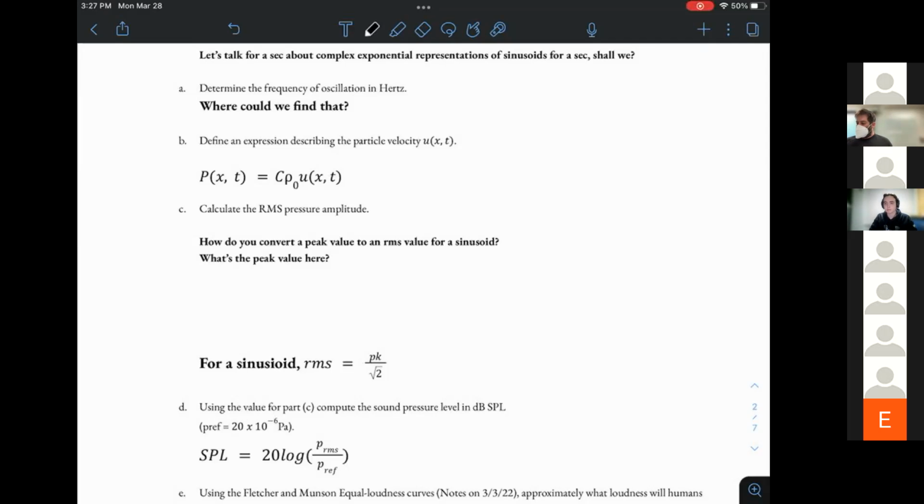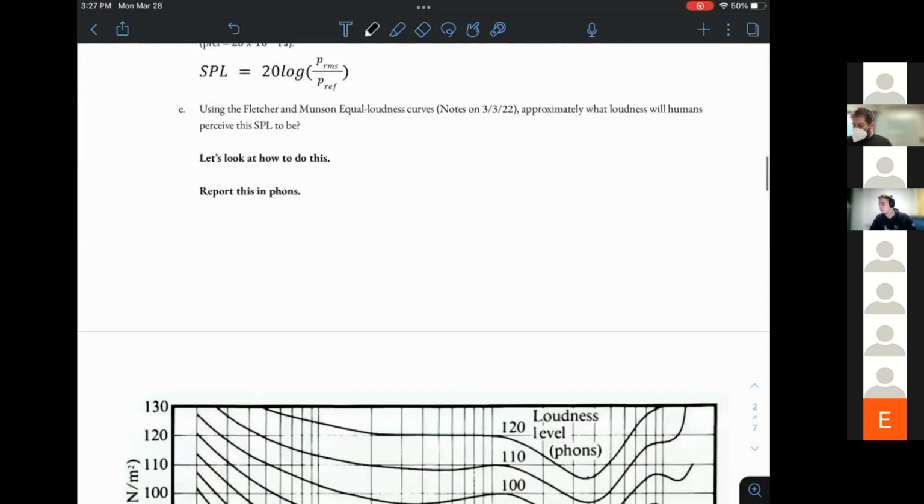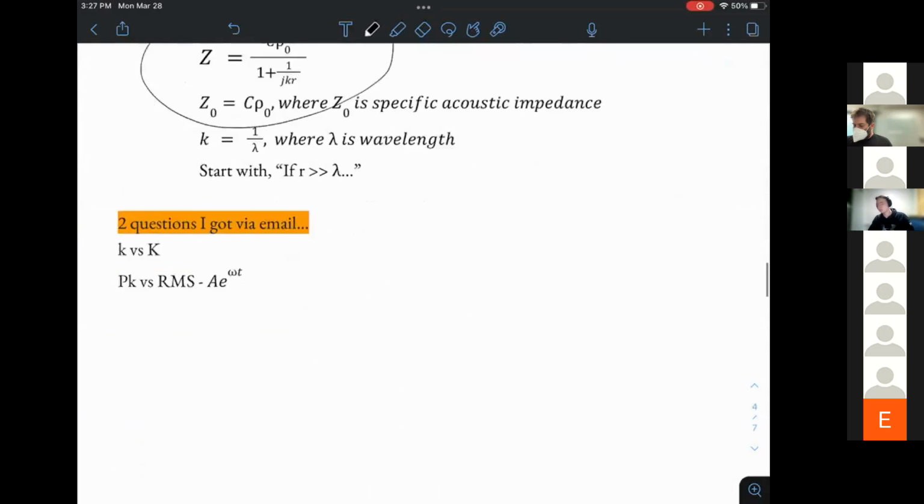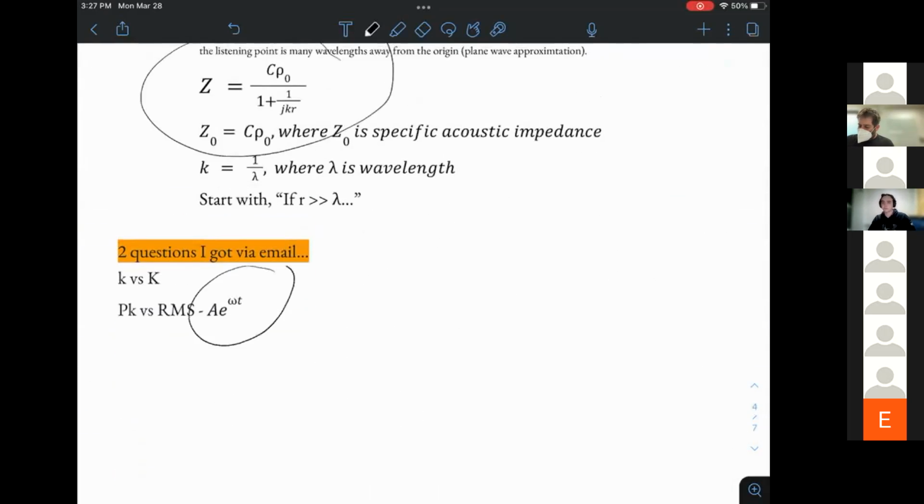And if you're looking at something in this form, A times e to the j omega t, or omega t plus something else or minus something else, the A is the peak value. So if I want the RMS value, I'm doing A divided by √2 here.